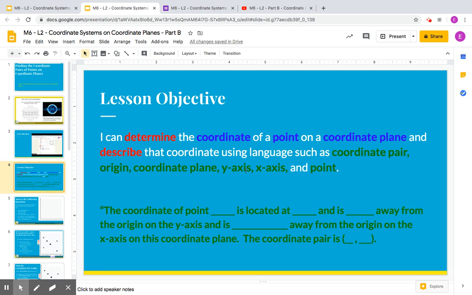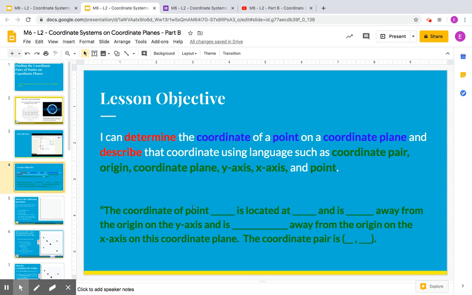We know that our objective today is to determine the coordinate of a point on a coordinate plane and describe that coordinate using language such as coordinate pair, origin, coordinate plane, x-axis, y-axis, and point. So you guys should be thinking in language like this.